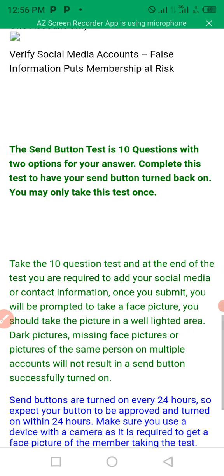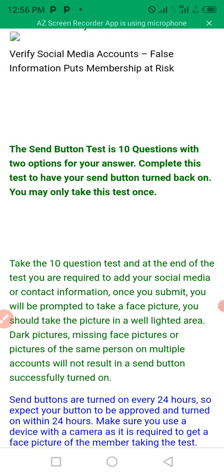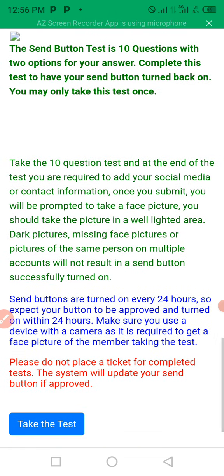Now, the send button test is 10 questions with 2 options for your answer. Complete these steps to have your send button turned back on. You may only take this test once. Take the 10 question test, and at the end of the test, you are required to add your social media or contact information.